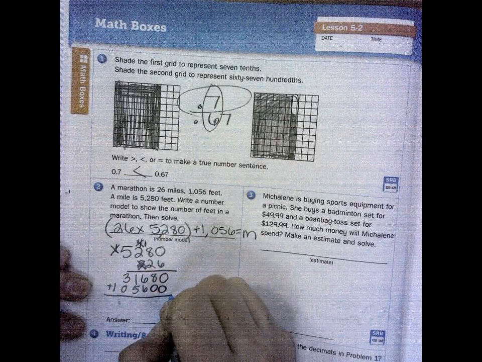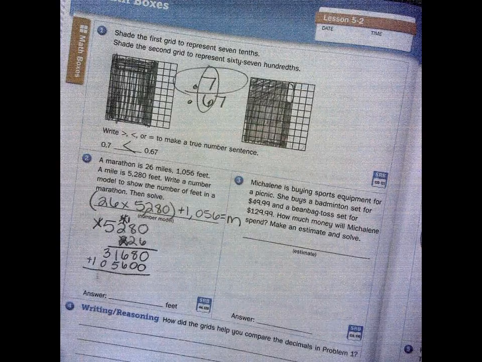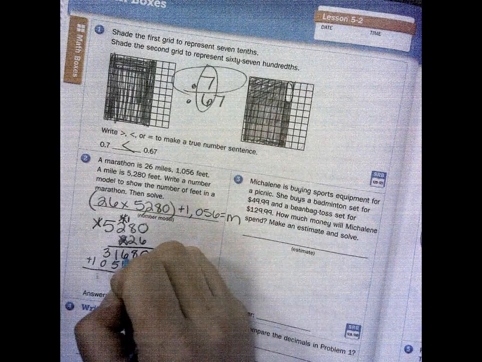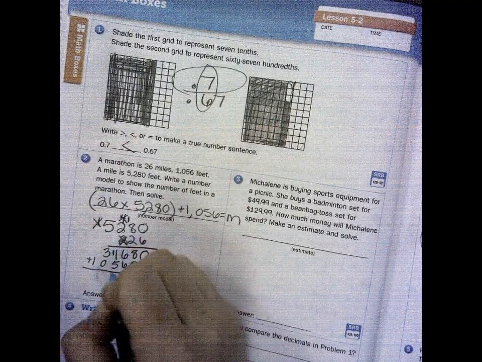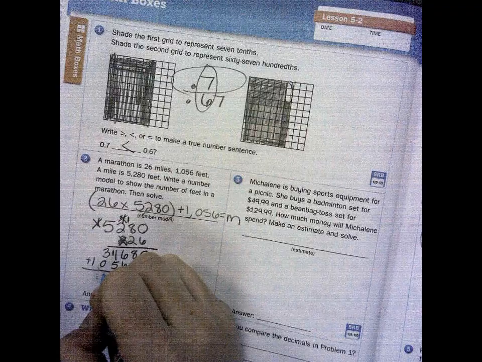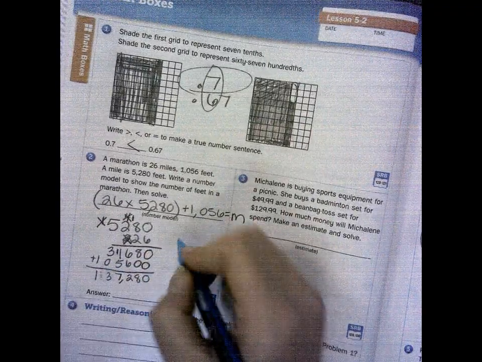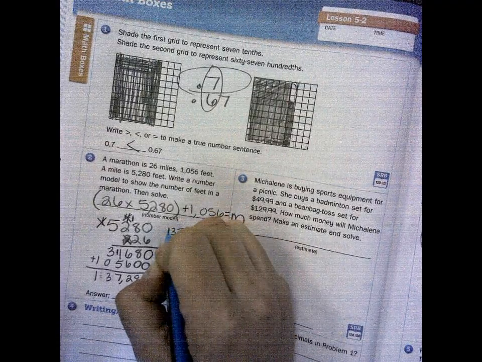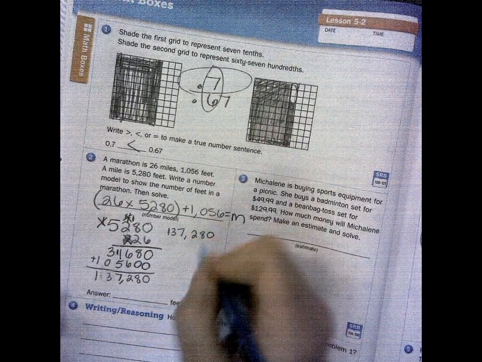Then add them up, making sure I line up my place values properly. 0 plus 0 is 0 again. 8 plus 0 is 8. 6 plus 6 is 12. Regroup the 1. 1 plus 1 is 2, plus 5 is 7. Bring down 3 plus 0 is 3, 1. So this number, 137,280, is how many feet are in 26 miles.